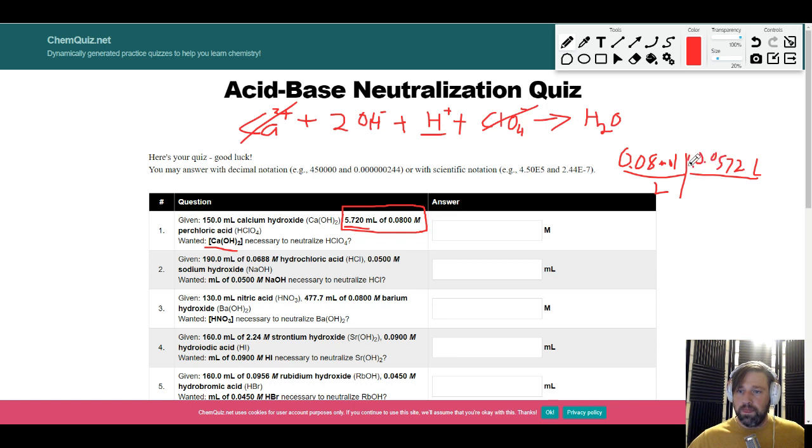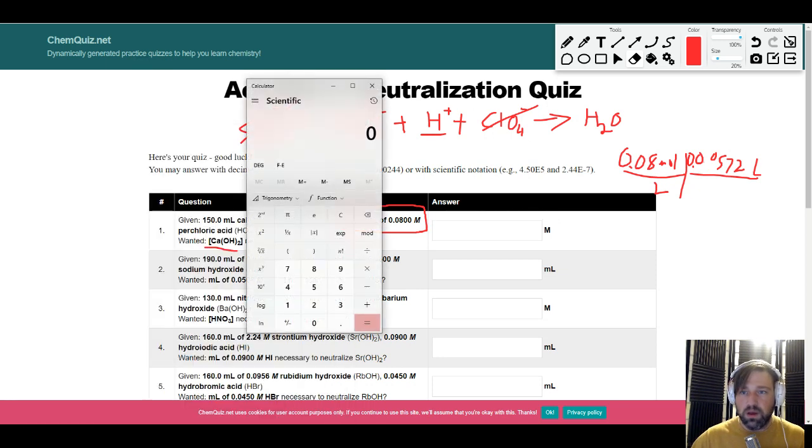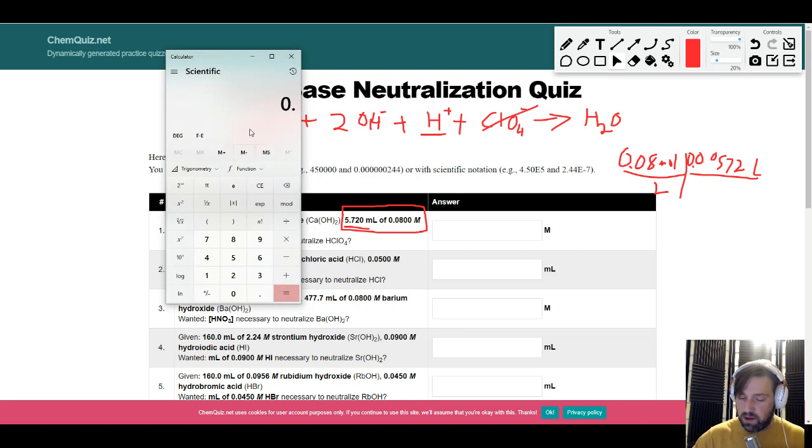Oh, there we go. So now we have that. So we can grab ourselves a calculator and figure this out. 0.08 times 0.00572. And this is going to be how many moles of H plus we have.